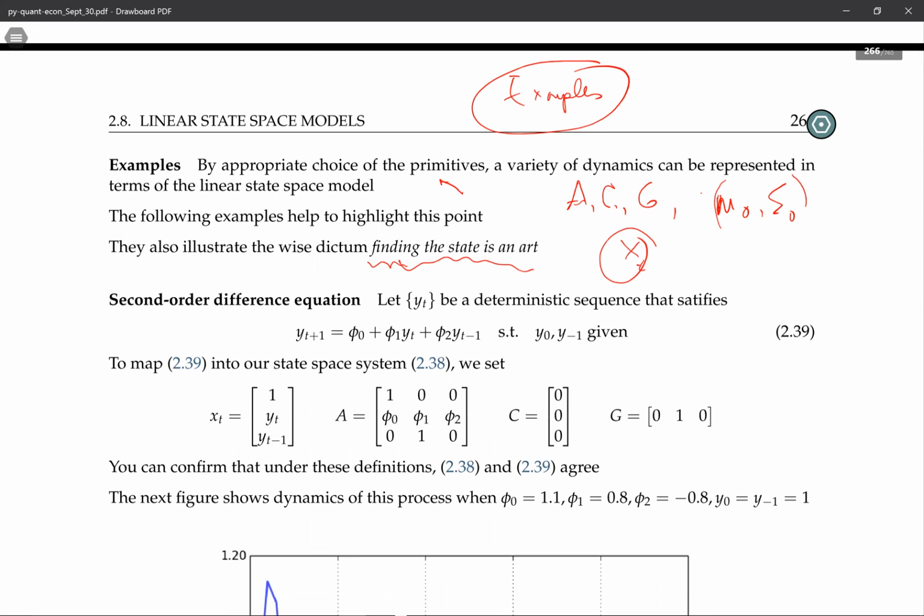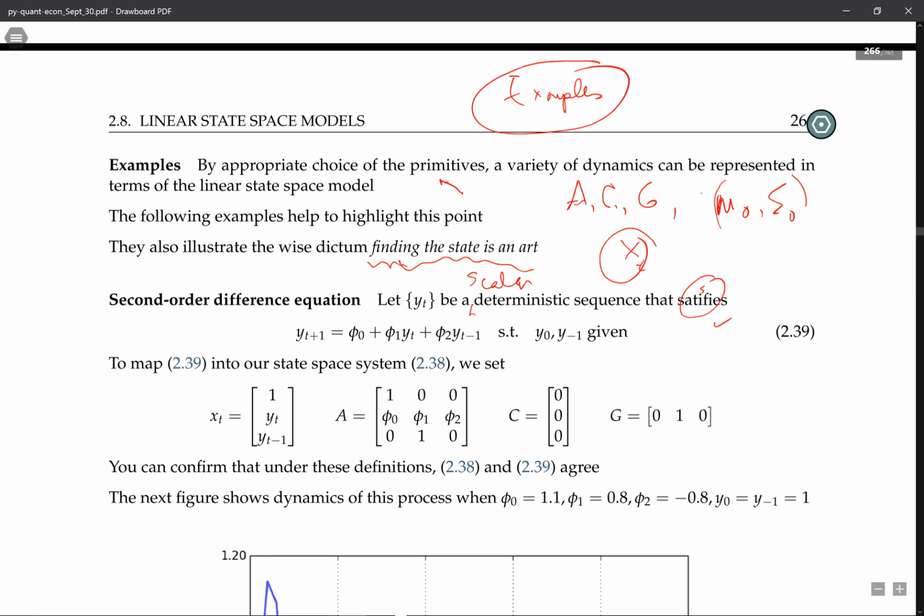Paul Samuelson wrote a very famous paper on this. He wrote a pair of papers using exactly this equation, and then analyzing it using methods that are less powerful than we're going to have today. We're going to let YT be a scalar. It's a scalar deterministic sequence, and it's going to satisfy this equation.